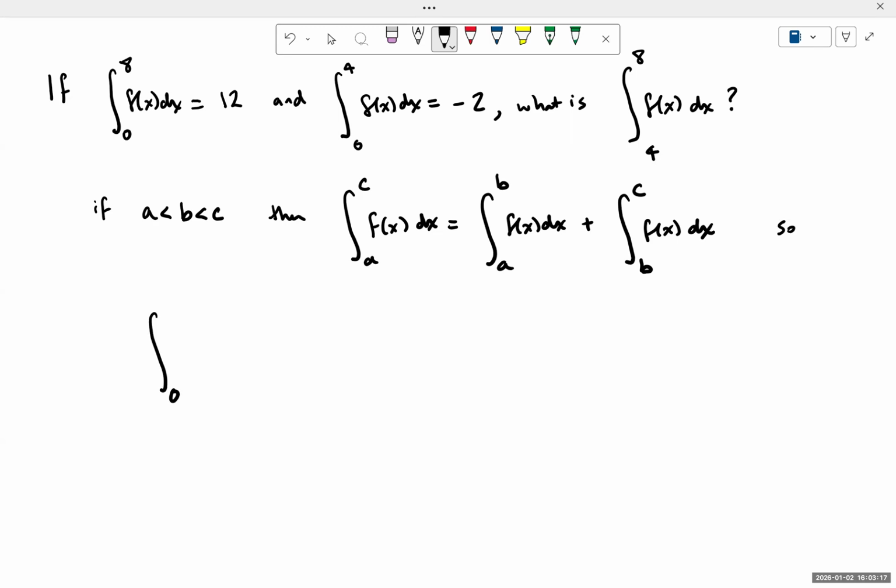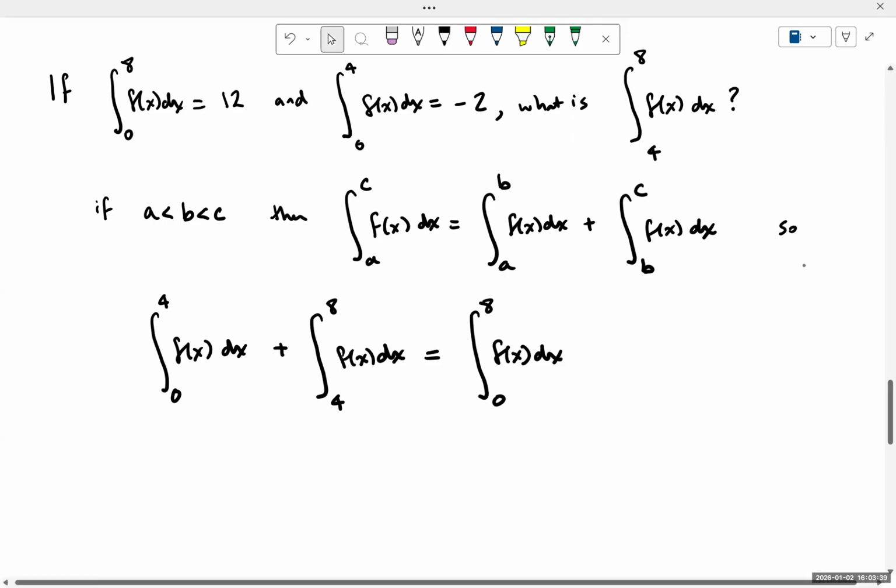Integral from 0 to 4 of f of x dx plus integral from 4 to 8 of f of x dx. We know that has to be the integral from 0 to 8 of f of x dx. I left this off, but f is, of course, supposed to be an integrable function, so all this stuff should be defined.